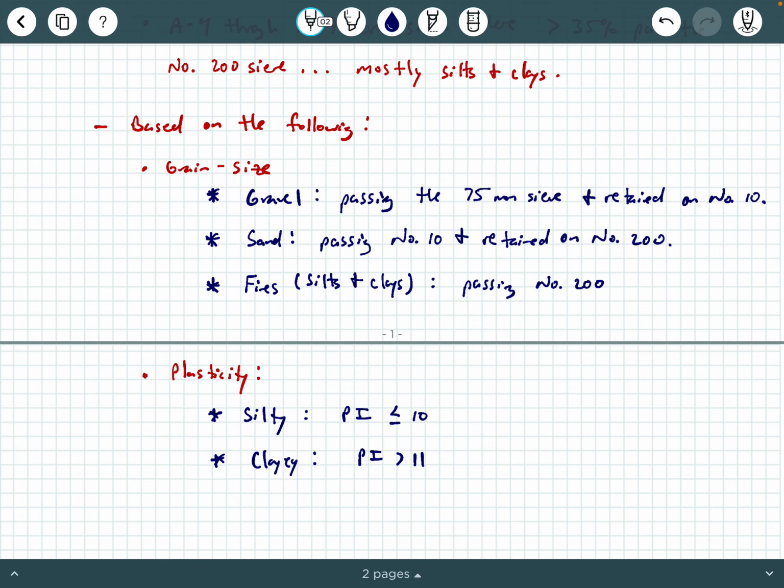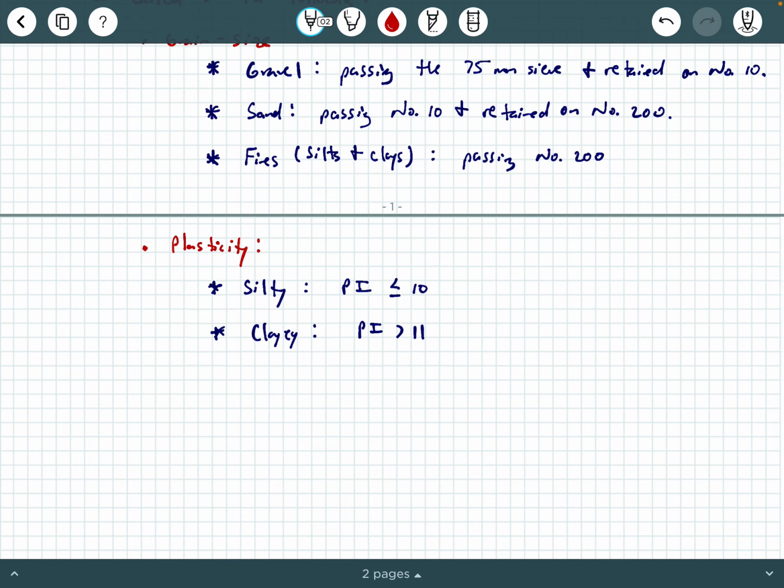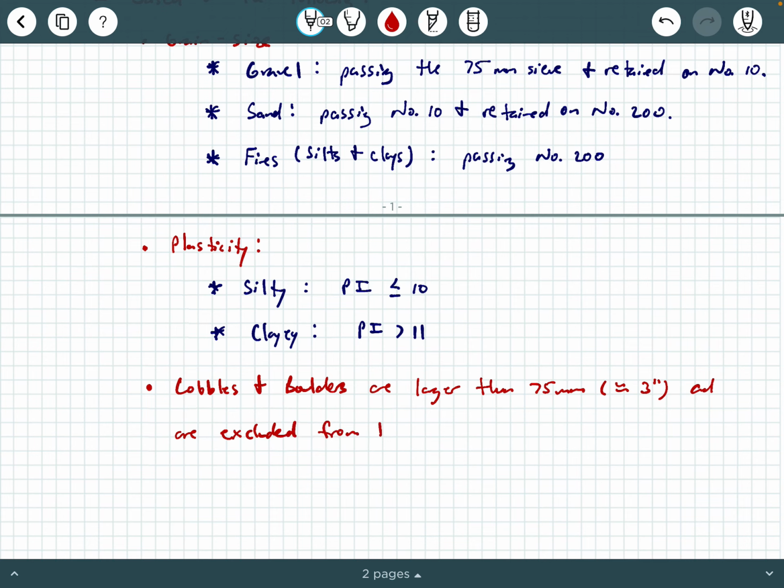Now, the other size you want to keep in mind is your cobbles and boulders. Okay, so cobbles and boulders, we'll make another bullet point here. Cobbles and boulders are larger than 75 millimeters, which again is about 3 inches, and are excluded from the sample.